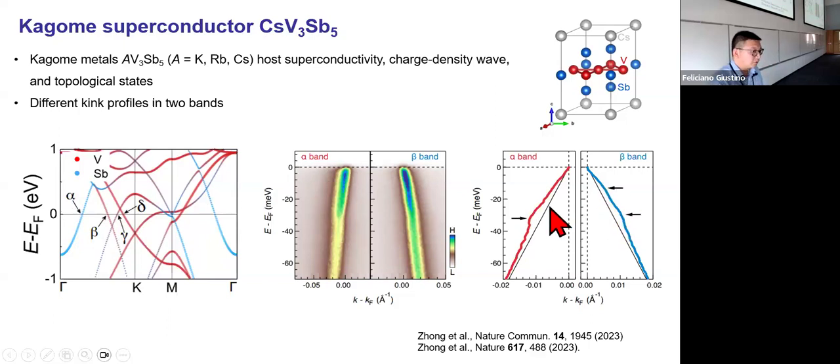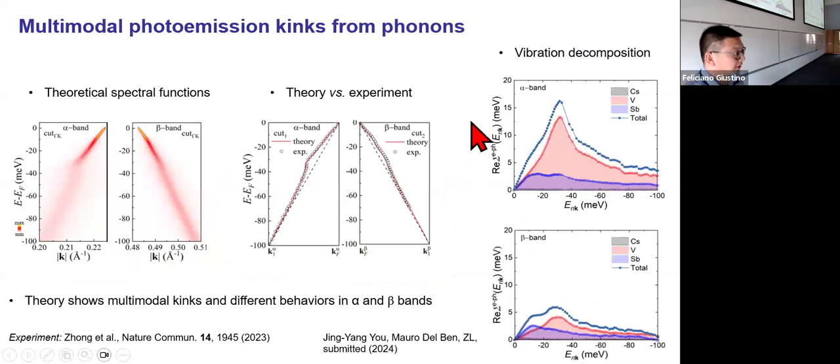So now we can do the full calculation, and this is a simulated spectral function. We actually clearly see that the alpha band has only a single kink and the beta band has two kinks. And if we plot against the dispersion relationship, that also agrees nicely with experiments. And again, because we're doing a perturbative calculation, we can break things down.